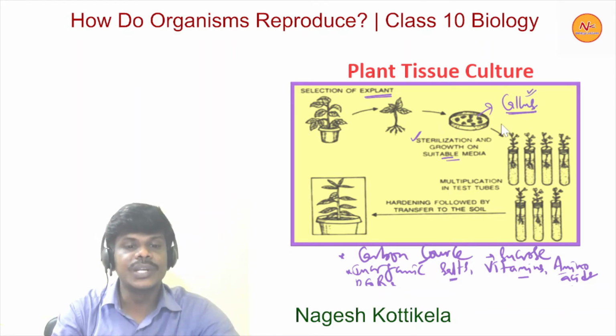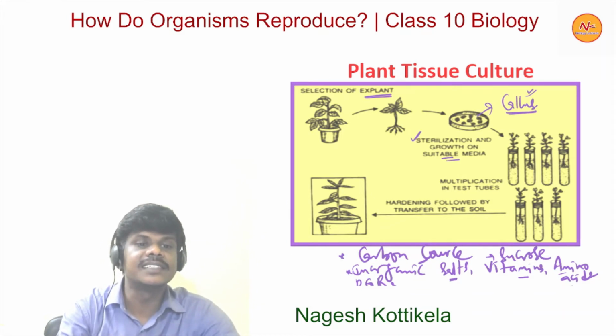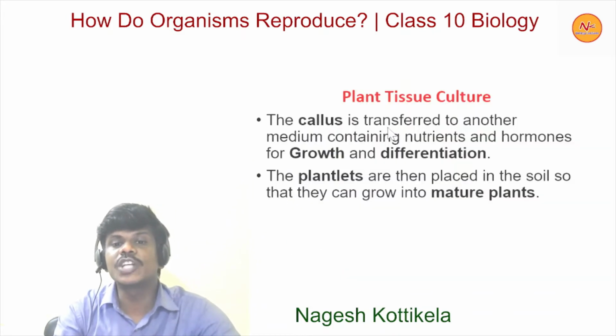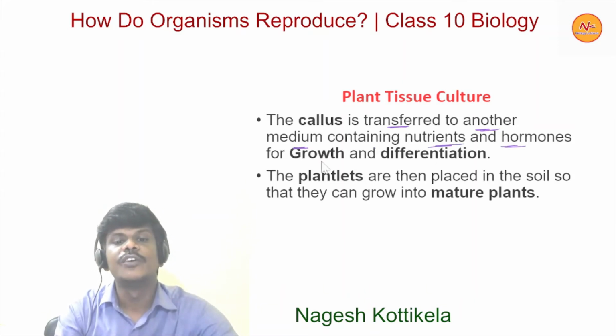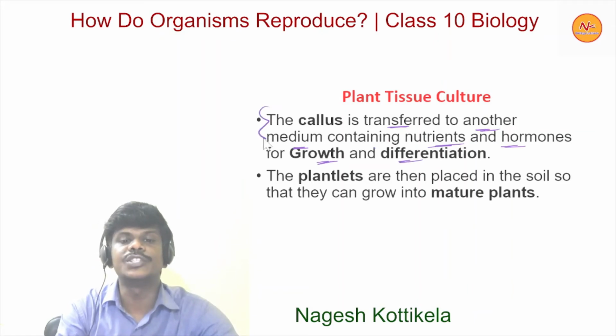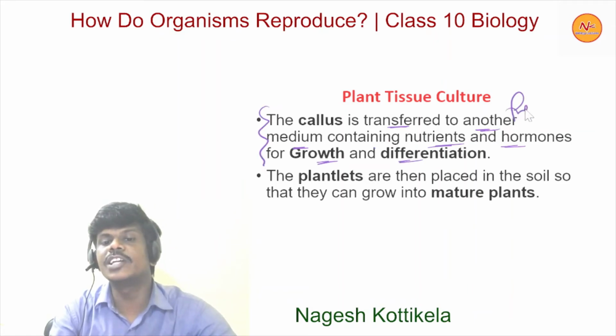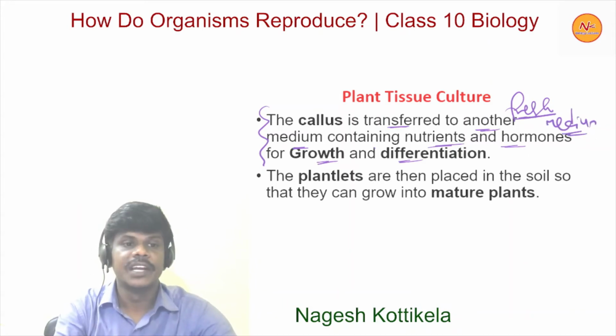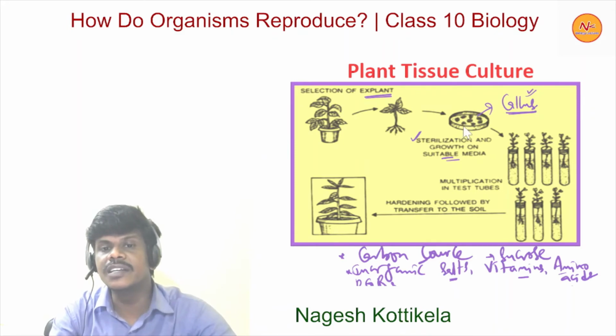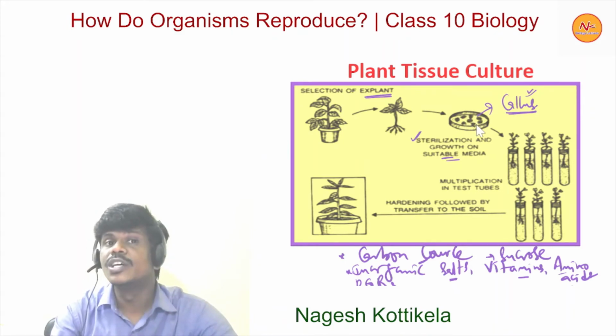Okay, so here this callus is now transferred to another medium containing nutrients and hormones for growth and differentiation. So here a fresh nutrient medium is utilized the second time. Now if you look here, this is the first used nutrient medium.